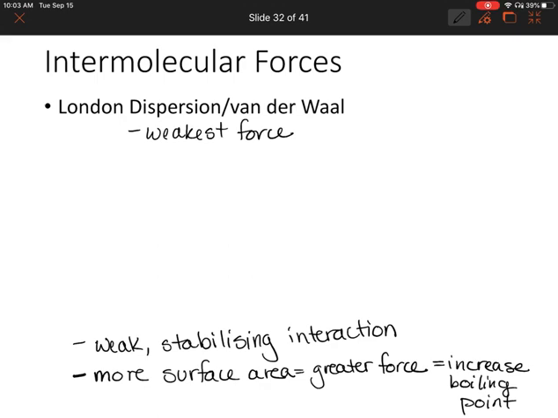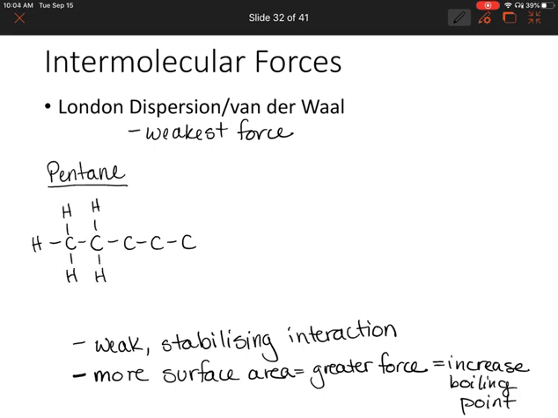So let's compare pentane, which is a molecule that has 5 carbons in a row, and then all of those carbons are also bonded to a certain number of hydrogens. Now previously we said that carbon-hydrogen bonds are nonpolar, so this whole molecule is nonpolar.